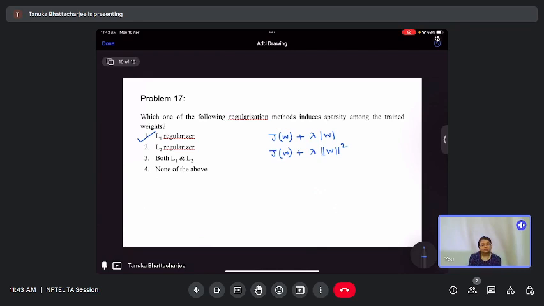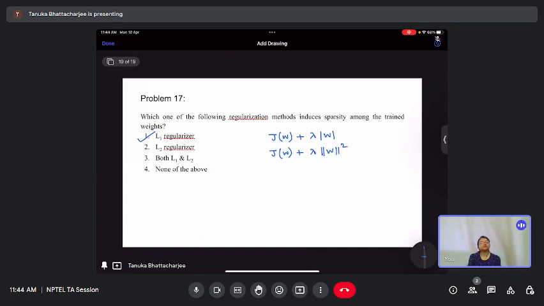But in case of the L1 norm, since you are trying to reduce the absolute values, it actually helps in making many elements zeros, thereby inducing sparsity. But in case of L2 regularization, it reduces the values, it makes each element have a small value, but it does not necessarily lead to 0.